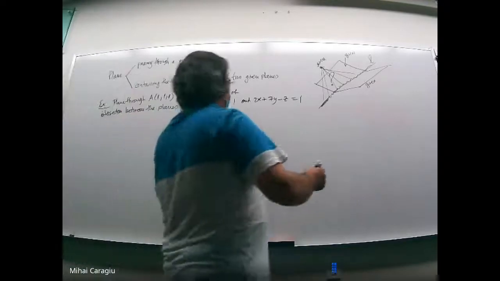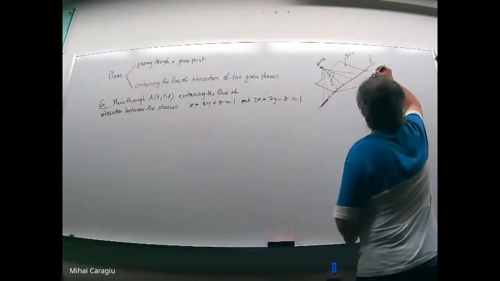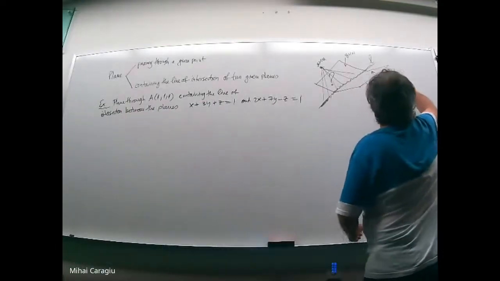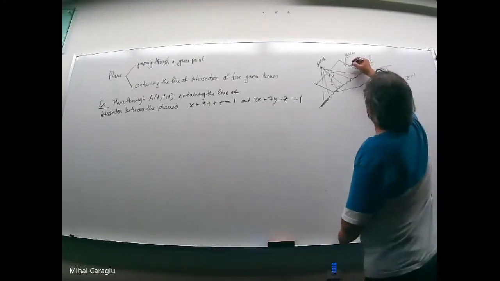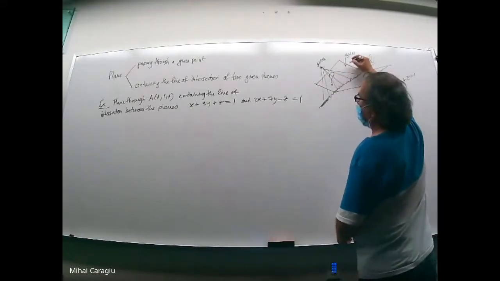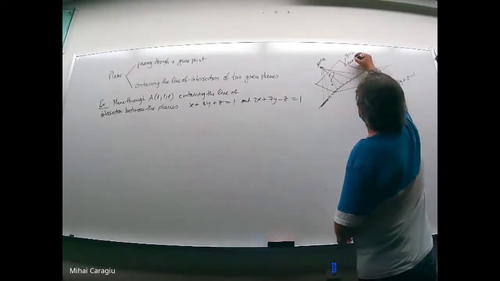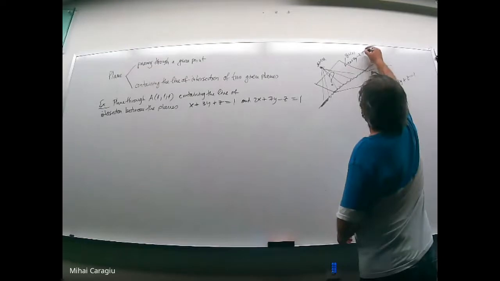So one of the two planes is x plus 3y plus z equals 1. And the other plane is 2x plus 7y minus z equals 1.